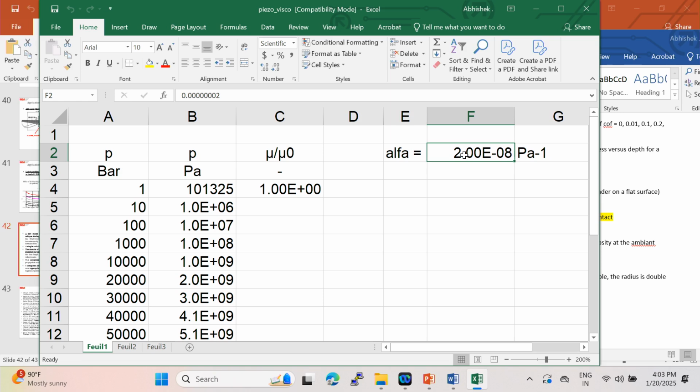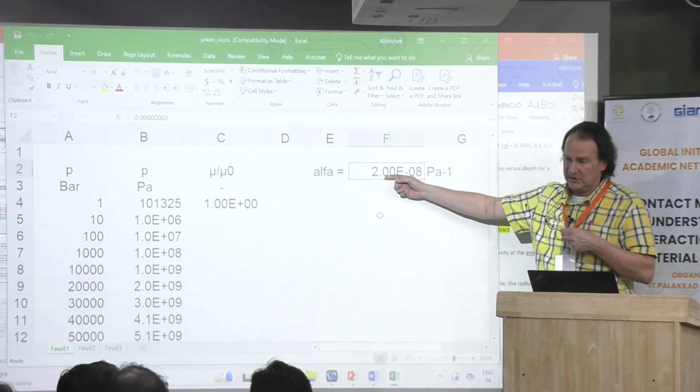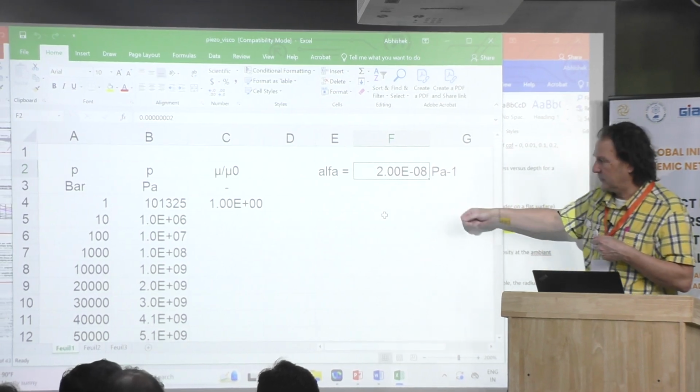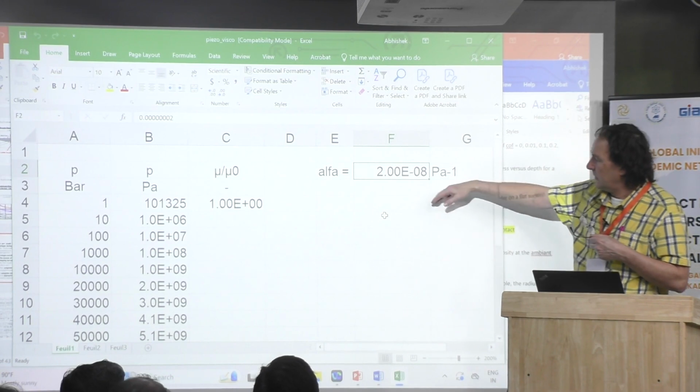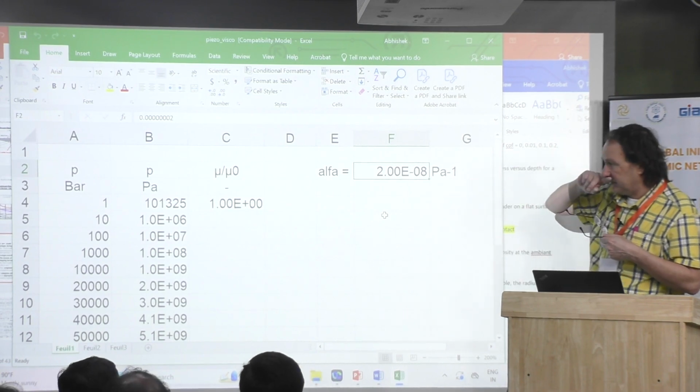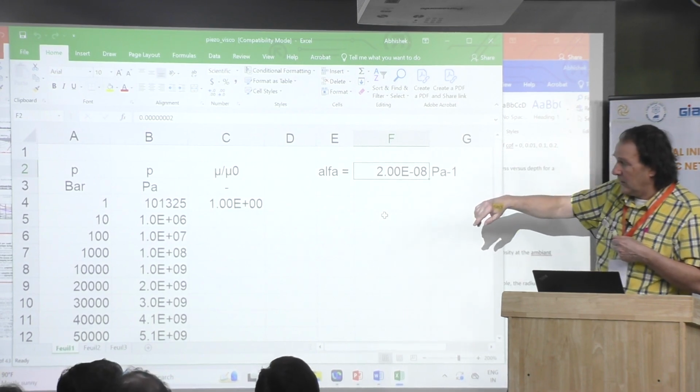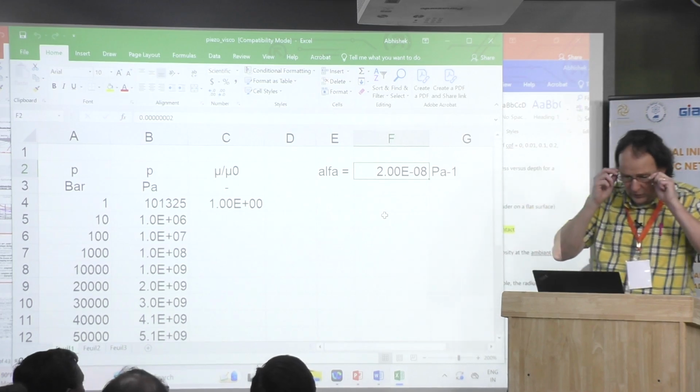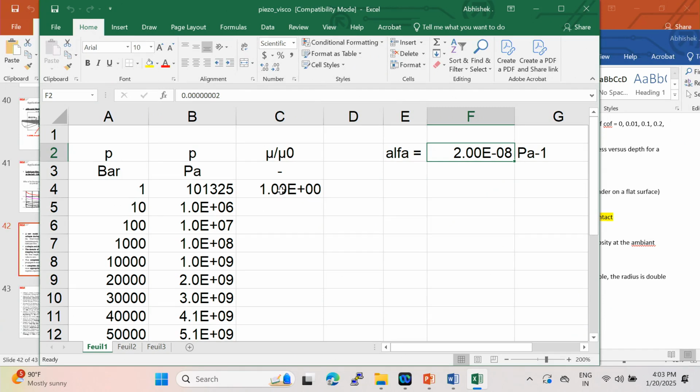Okay, as you can see, I took the pressure viscosity coefficient, which is a classical value for many oils, which is 2 to the power minus 8. Then whatever the viscosity is, we can say that at ambient pressure, the ratio is 1. Okay. Now this is 1 bar, 10 bar, 100 bar, 1000, 10,000, etc.